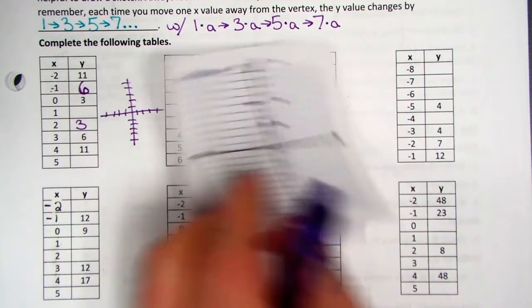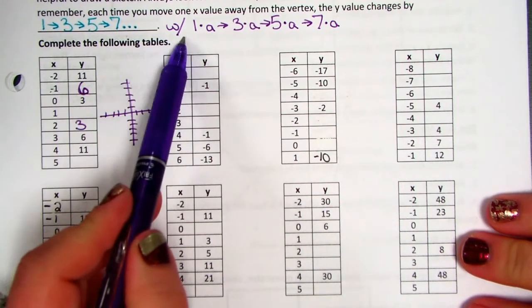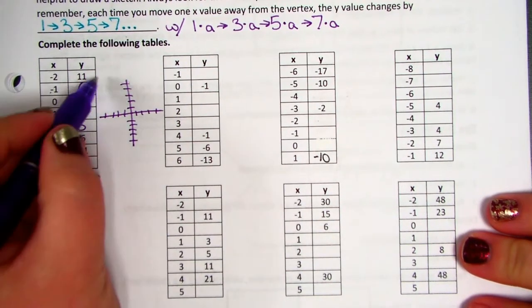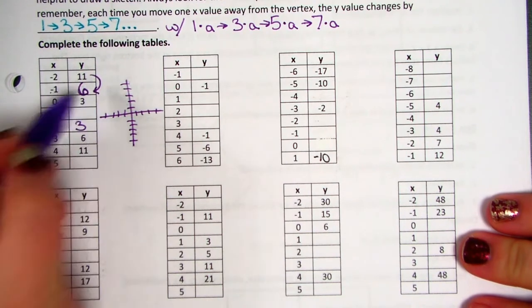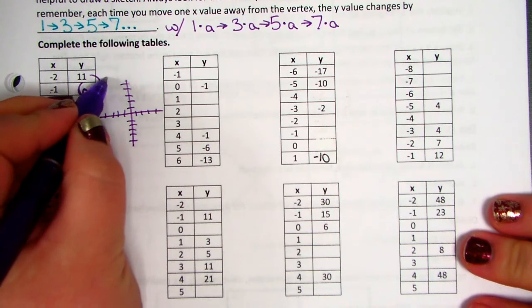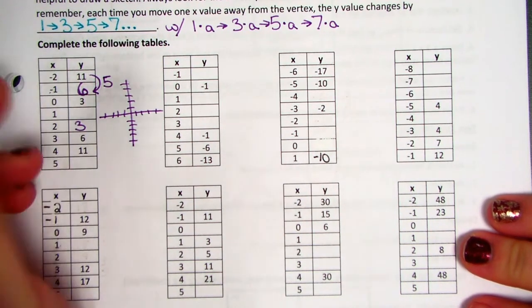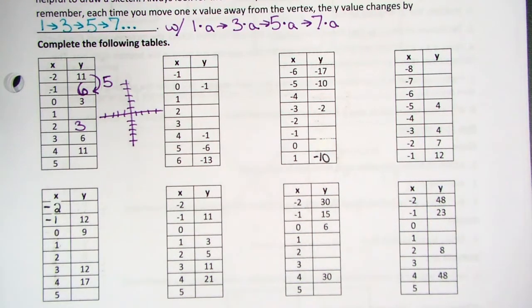But here's where this kind of pattern is going to fall into play. The difference from 11 and 6 is 5. And I'm not caring necessarily about going up or down. I'm talking about the distance between them. And remember that distance is always positive.